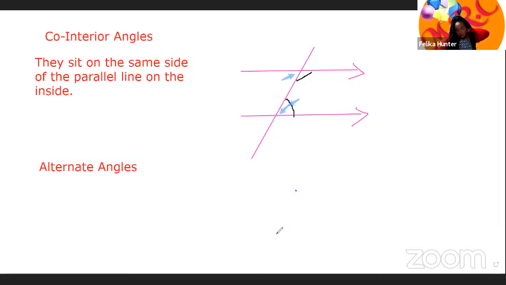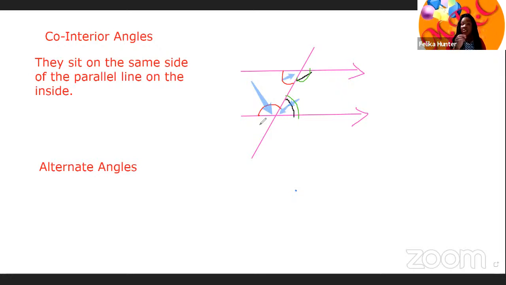Okay. All right, good. So we know the co-interior angles, right? We have one co-interior here, and so this is a pair. Then we have another pair here with here. So that's another pair. So we know the co-interior angles, and they add up to 180 degrees.